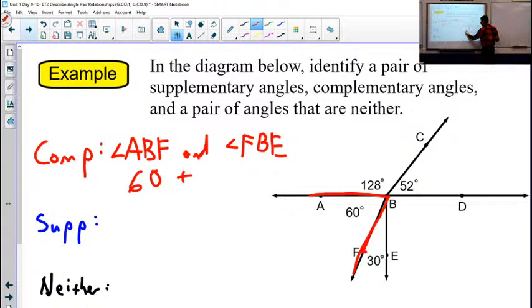F into B, out through E. That's 30 degrees. 30 and 60. Oh, it's 90. That's why they're complementary, because when I take the angles, add them together, they add to 90 degrees.